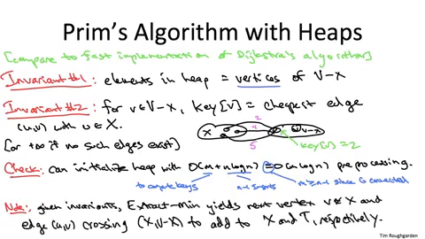So specifically, assuming that these two invariants hold, when we invoke extract min from this heap, what it provides to us on a silver platter is the next vertex, not yet in X, the next vertex that we should add to X in this iteration, and moreover, the cheapest edge incident to that vertex crossing the frontier is the one that we should be adding to the set T in this iteration.